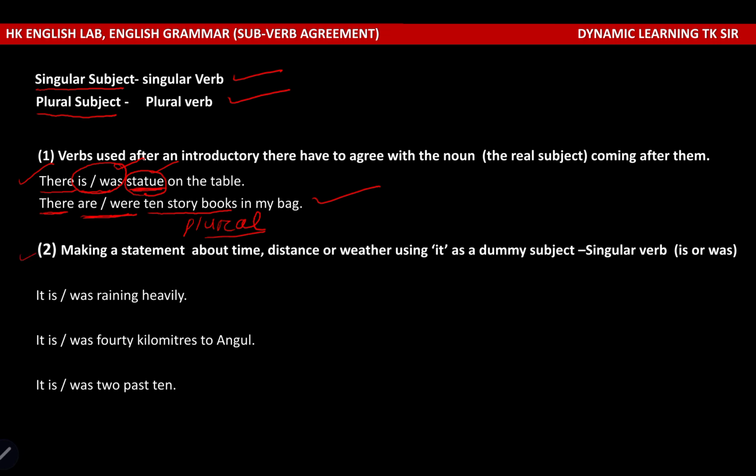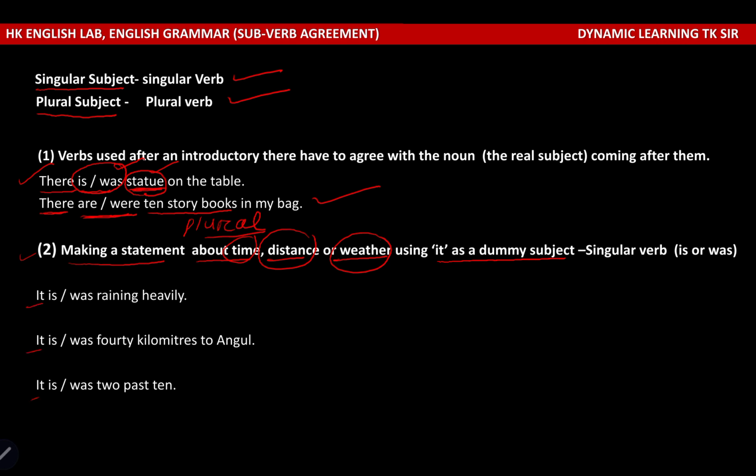Next, making a statement about time, distance, or weather. If we are talking about time, distance, or weather, we use a dummy subject. What is a dummy subject? It is known as your dummy subject.